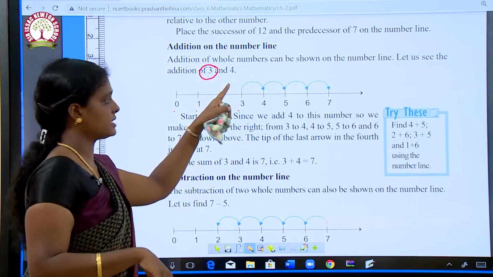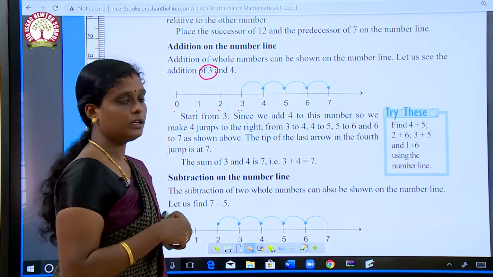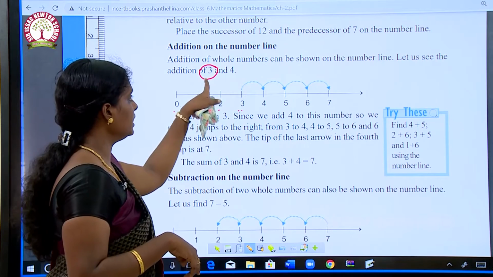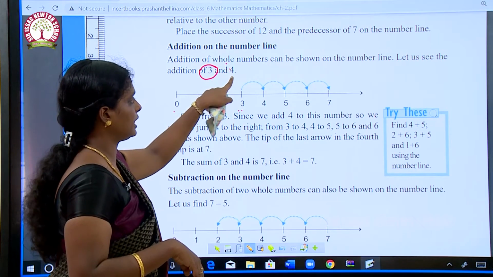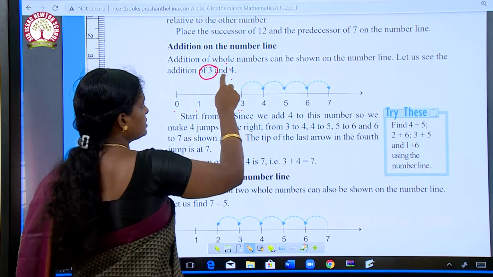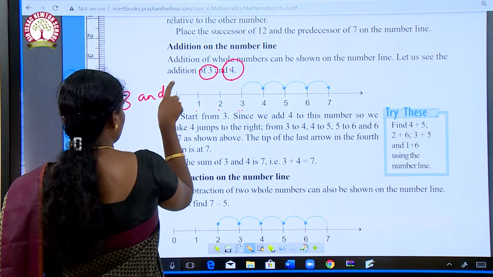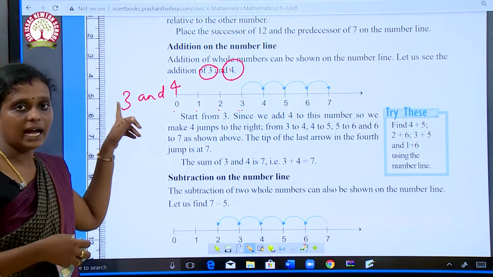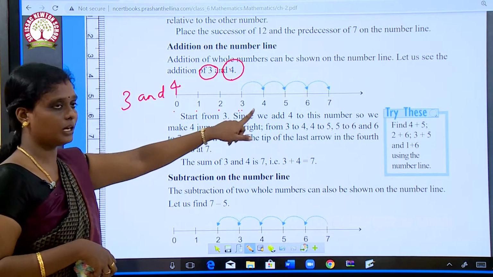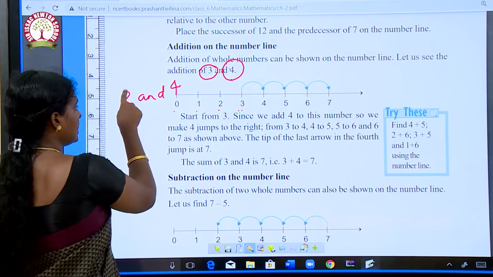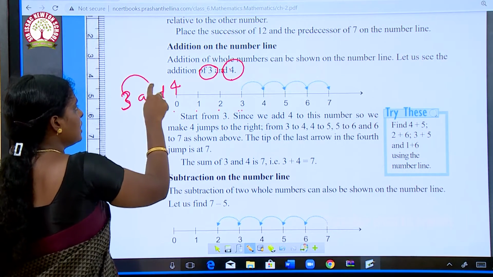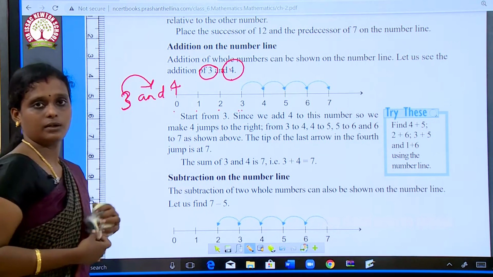So you have to start from 3. From 3 you have to jump 4 times. The given numbers are 3 and 4. So to add these two numbers using the number line, you have to start with 3 and jump 4 times. Do you understand?